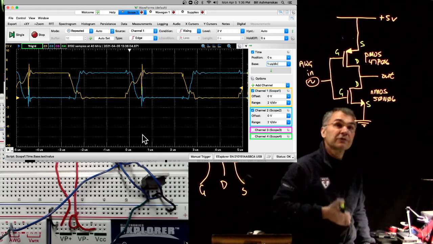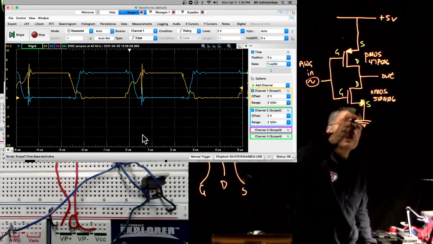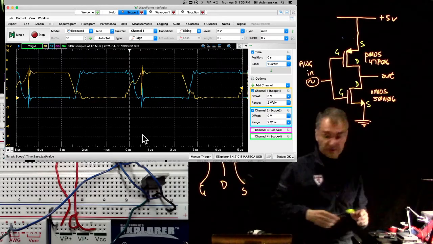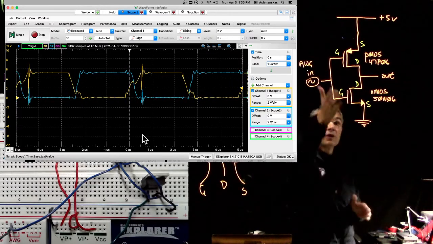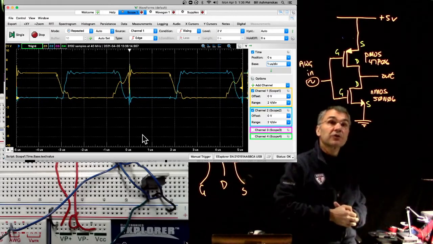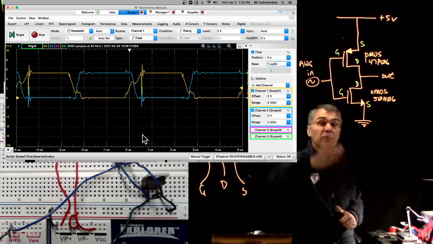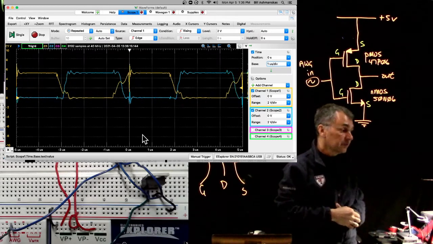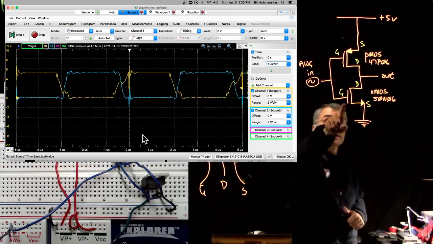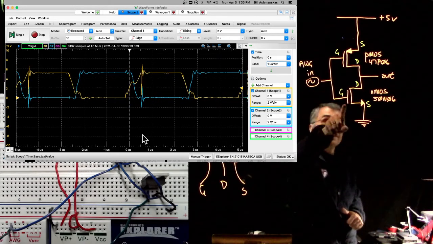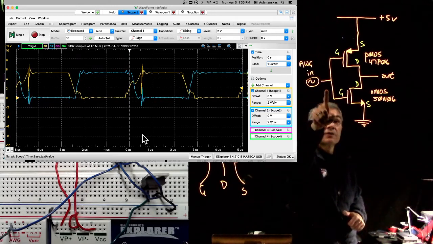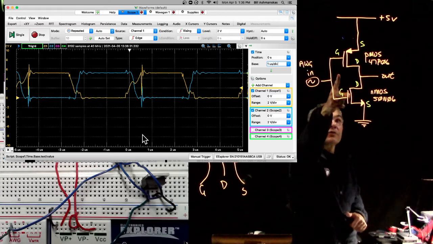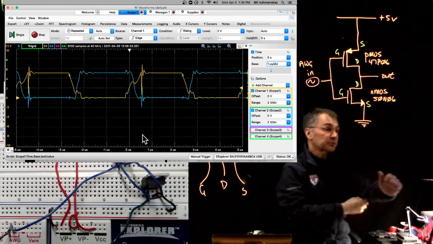So it's a strong connection either to ground or to +5, depending on which state it's in. And again, only one or the other of these transistors is on at a time. If we're above threshold, then if the input is high, the NMOS transistor is on, which pulls us down to ground. If the input is low, the PMOS transistor is on, which pulls us up to +5.